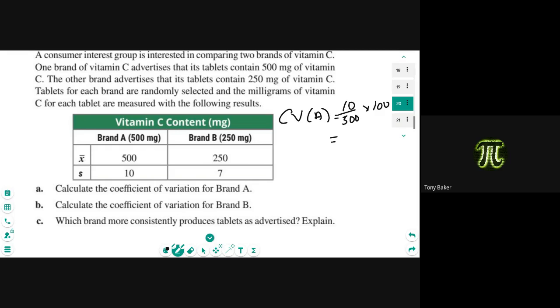You can just move the decimal 2 places. So I have 2% is my coefficient of variance for brand A. So what's brand B's? Which is what percent? 2.8%. So which one's more consistent?